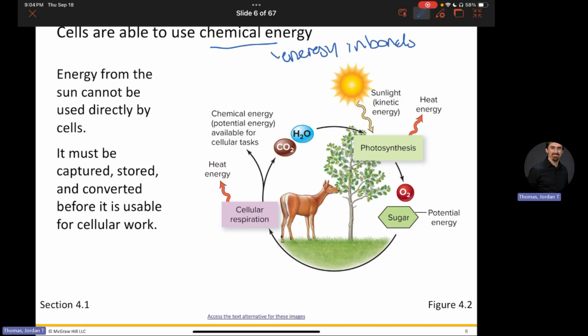So, in this example, though, we have the sun that in this case we're saying has kinetic energy. Photosynthesis takes that kinetic energy, converts it into sugars, which is potential energy because sugars have a lot of chemical bonds. So photosynthesis goes from kinetic to potential.